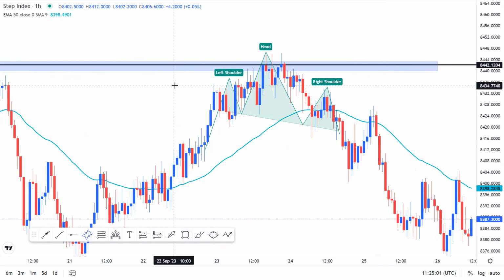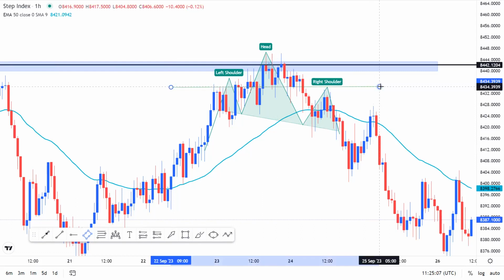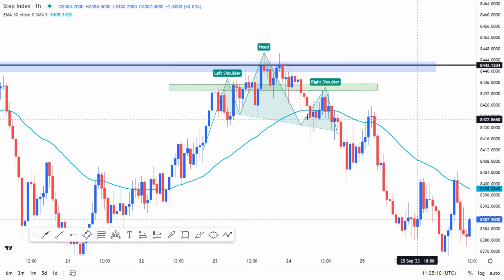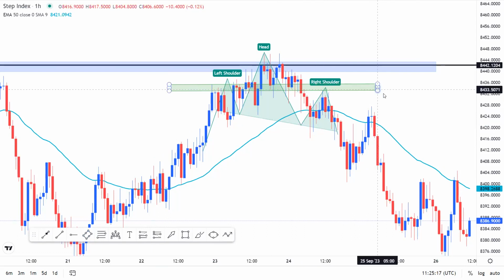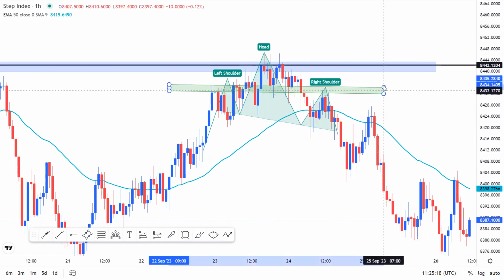So price had traded very nicely into this level, being a 1-hourly structured level. So this is where I had the first entry for a sell.